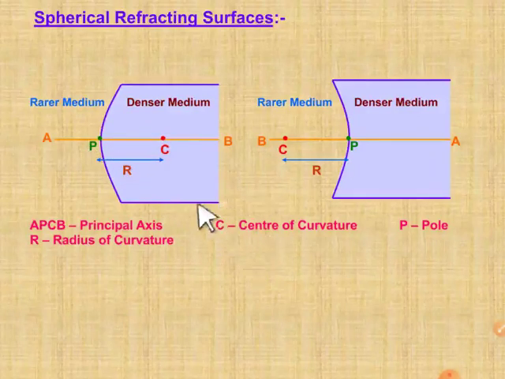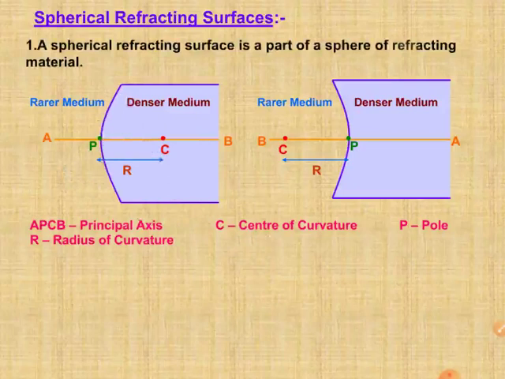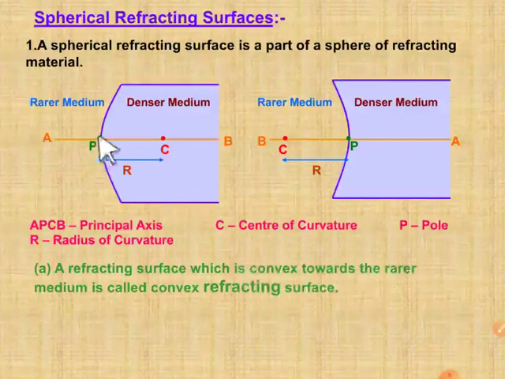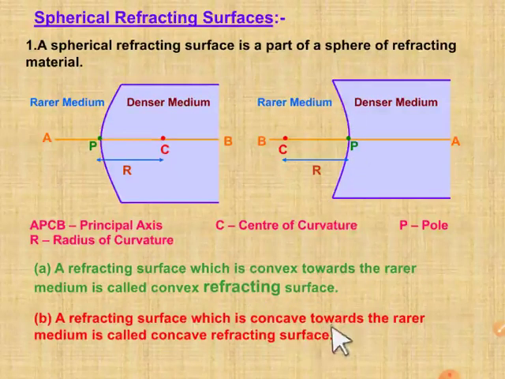Now as I told you, if this spherical refracting surface is convex toward the rarer medium, then we call it a convex refracting surface. If it is concave toward the rarer medium, then we call it a concave refracting surface.